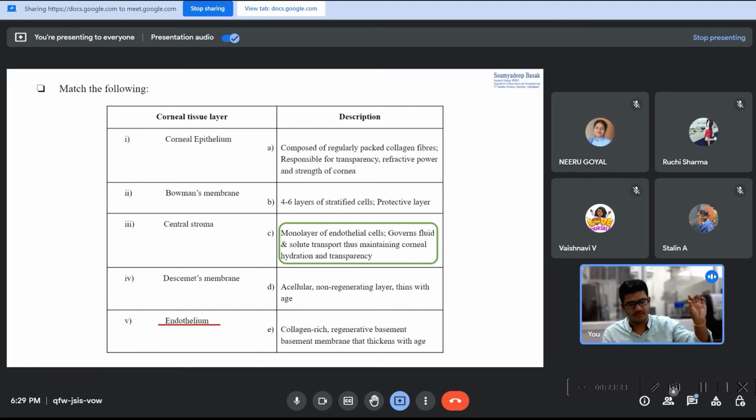What layer comes after what? It's a personal preference, but make a table and study their names as well as their functions. It's very important for tissue engineering of skin, cornea, vascular, as well as bone. These 4 kinds of tissues we have talked about. So study their layers and their functions.